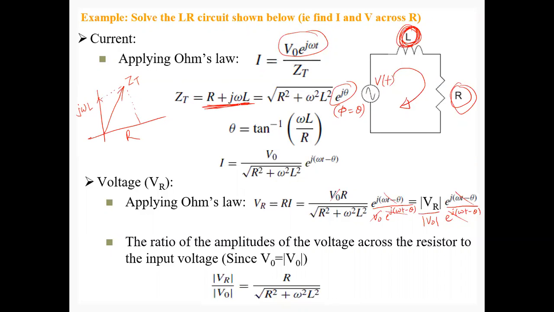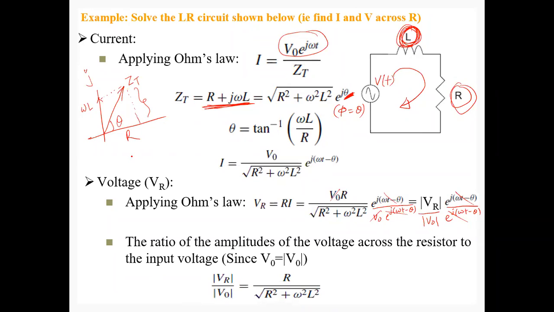How do you find this theta? This is the imaginary axis, the j axis. So what is theta then? Consider the length of the imaginary part, j omega L. How do you find the length?